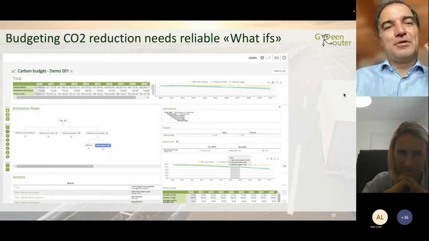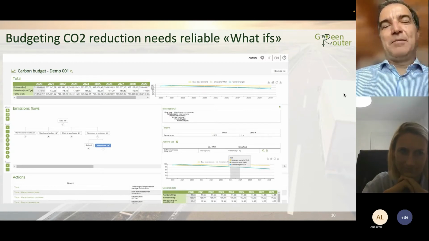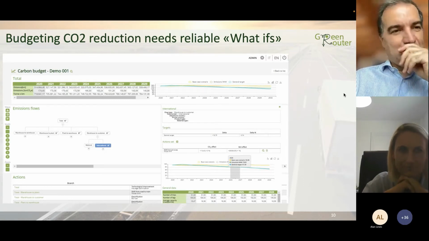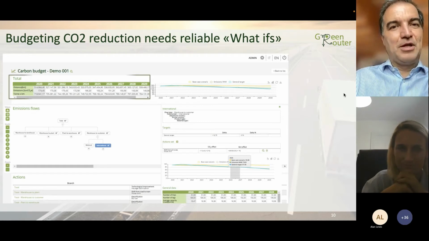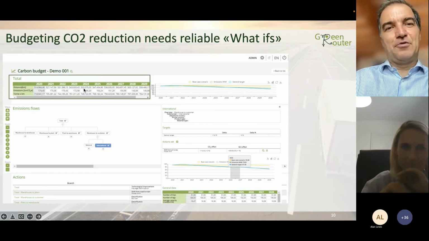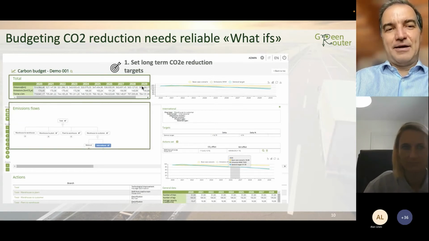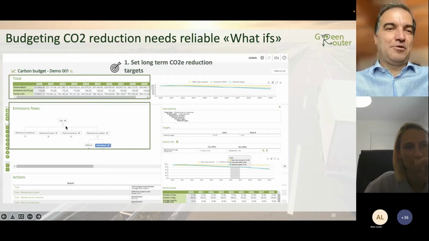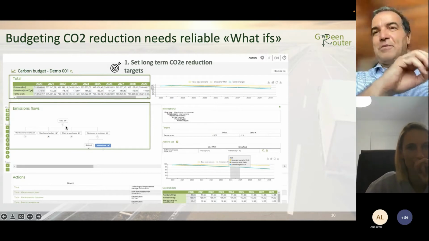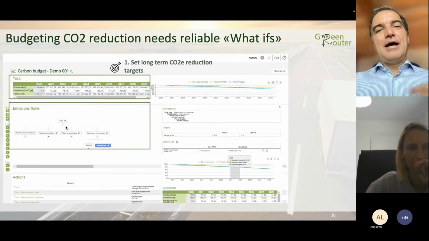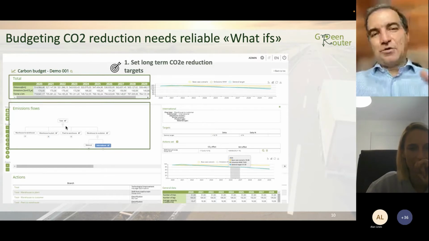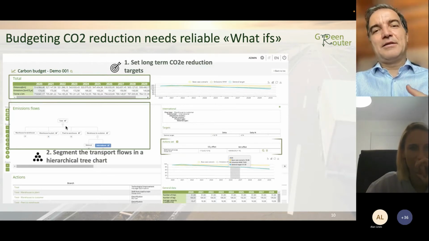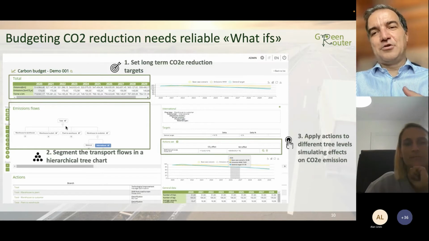And it's also very important for the second step, because once you know where your flows are, where the big parts are, what you can do, and this is a screenshot of our carbon budgeting model, you start to have a sort of trend, which is what you forecast in the future. You start to have targets. You know where your supply chain is. So this is just a picture saying, okay, my total CO2 is divided into segments A, B, C, D, whatever. I can select one of those nodes or some simple part, and then use a selection of actions.